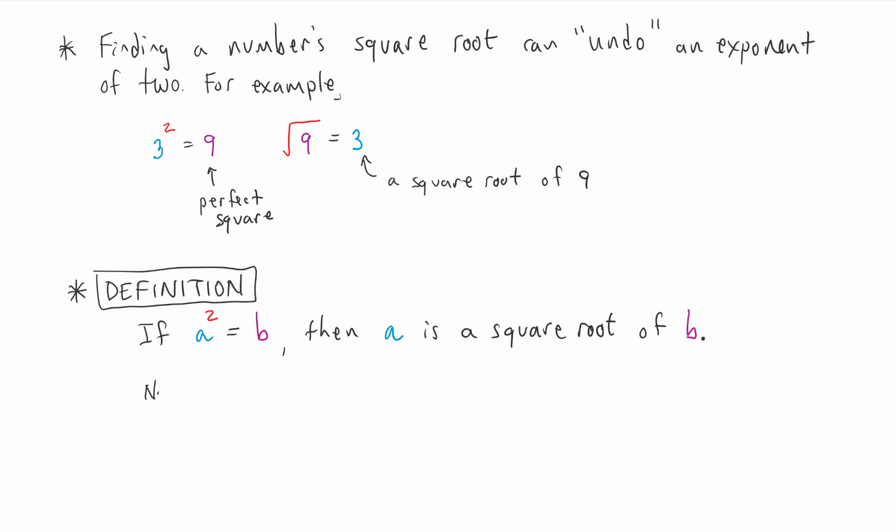And then note, if that number a is an integer, b is called a perfect square.